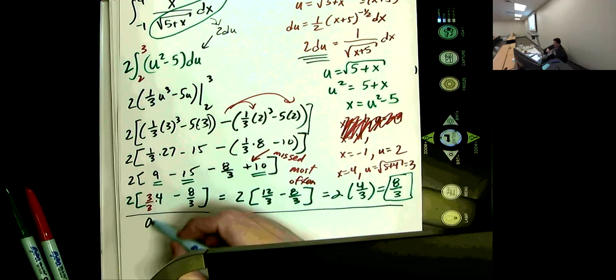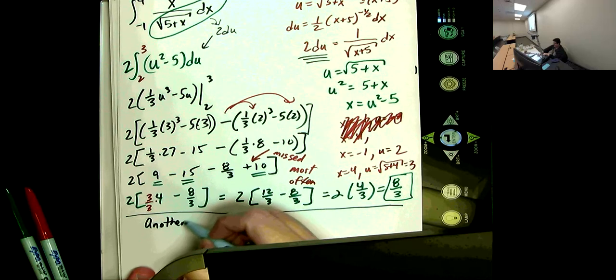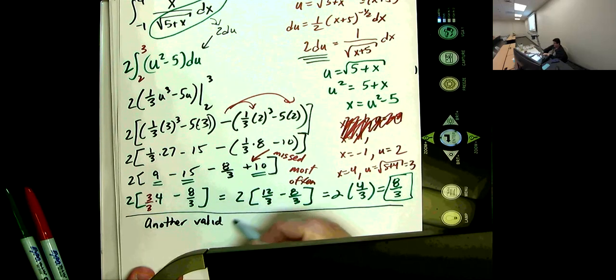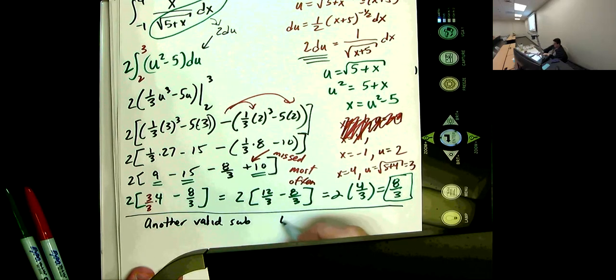Another valid sub would have been u equals x plus 5, so that du equals dx. And here, this becomes x equals u minus 5. When x equals -1, u equals 4. When x equals 4, u equals 9.